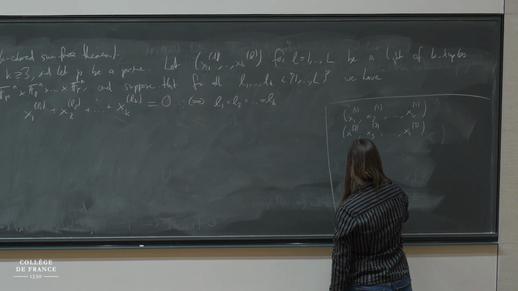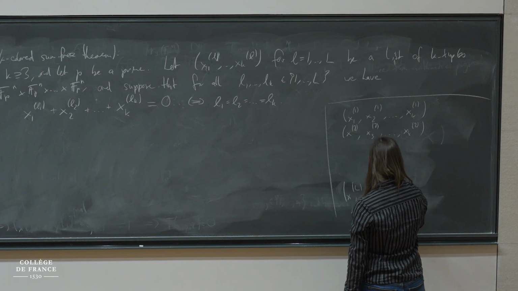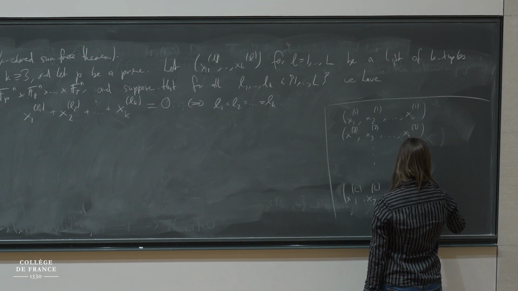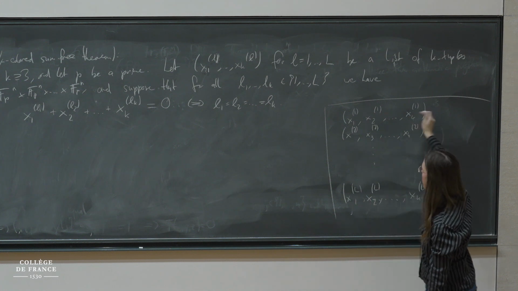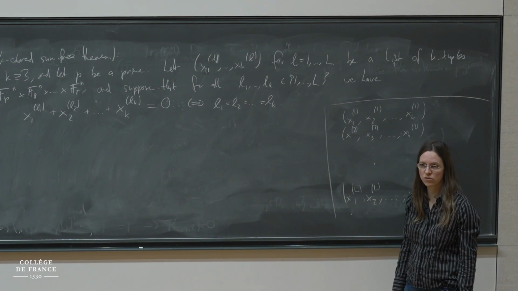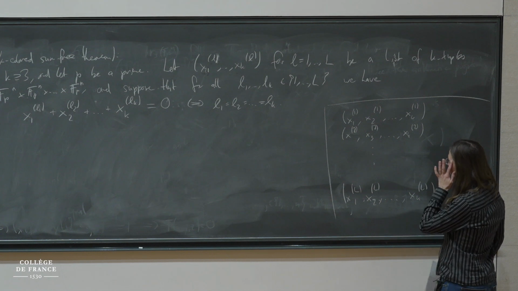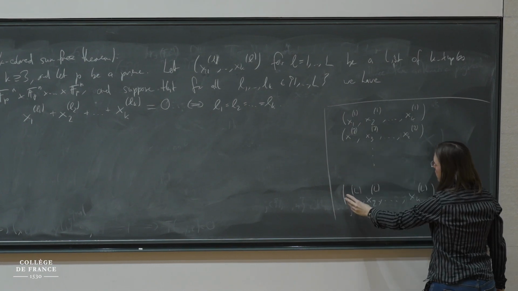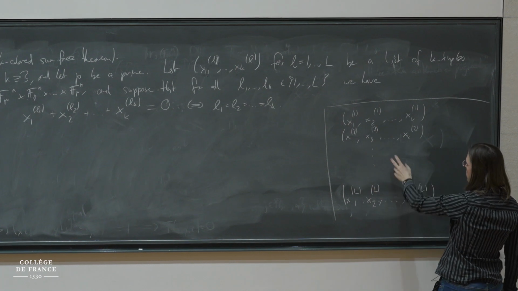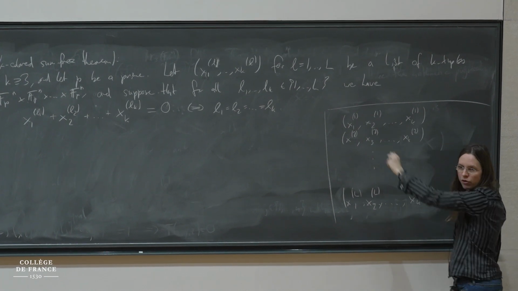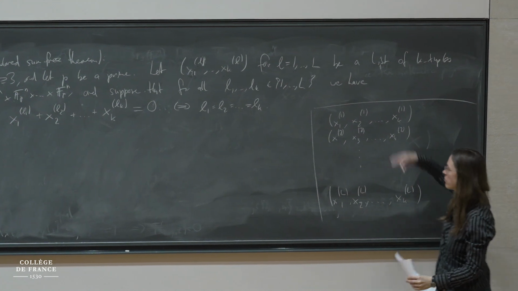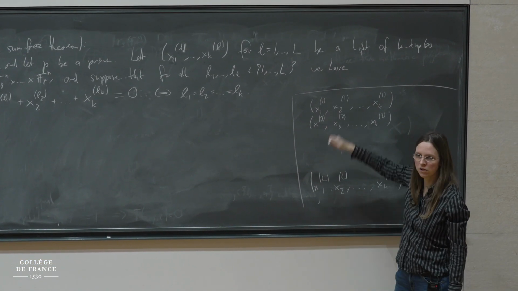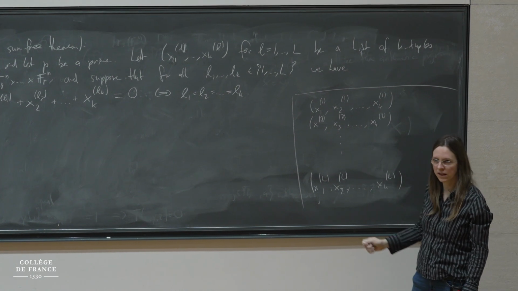And at the end of the list, we have the last k-tuple. And so this condition says that every row in this picture sums to 0, but taking a whole row is the only way to pick a vector in the first column and a vector in the second column and so on, and a vector in the last column, and have those k vectors sum to 0. So every row sums to 0, but there's no other way to combine something from the first column, the second column, and so on to the last column and get sum 0.